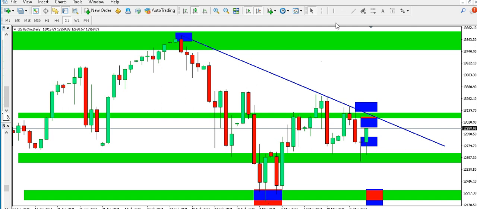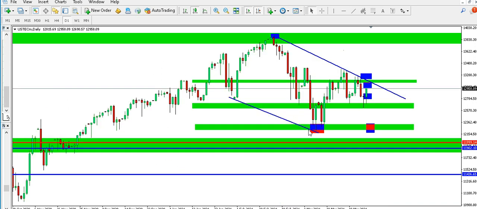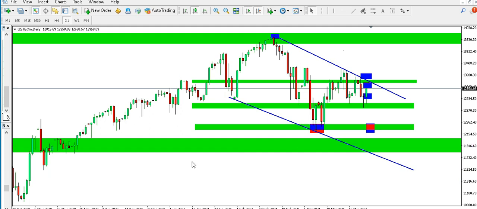Okay, so this is another low point. So I'm connecting this low to this low for me to have something like this. Let me remove these horizontal lines. Okay. And we can see price ranging in this particular area.